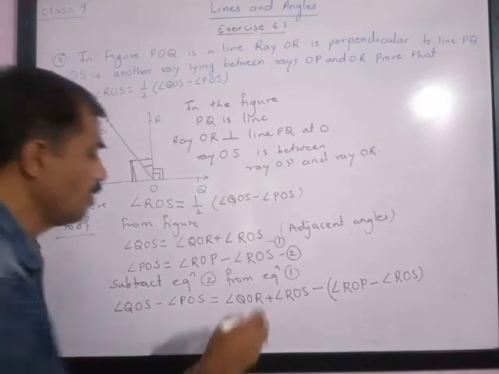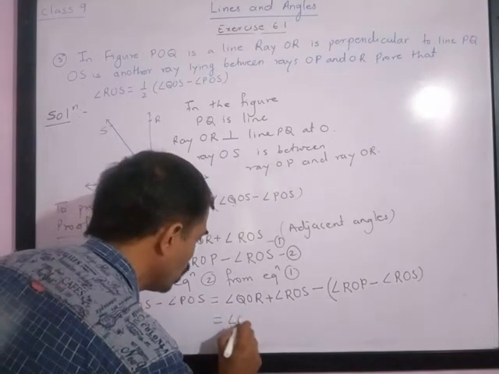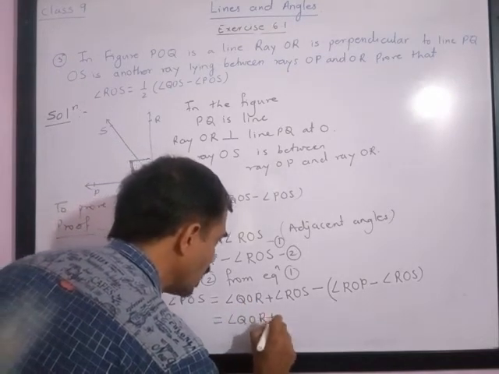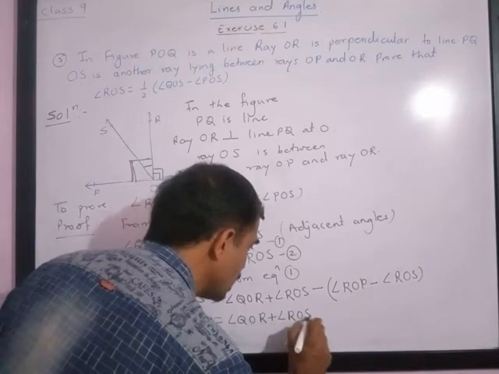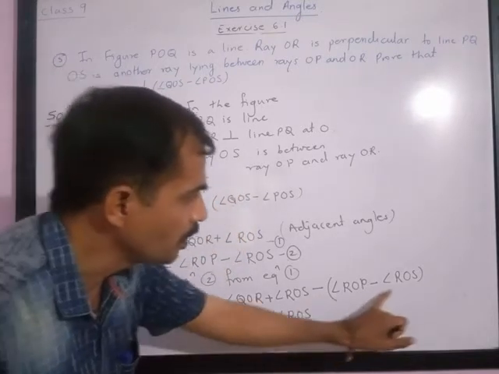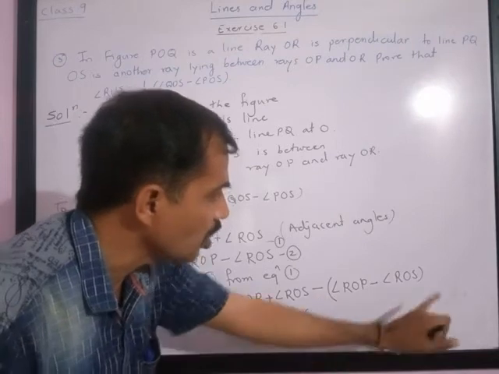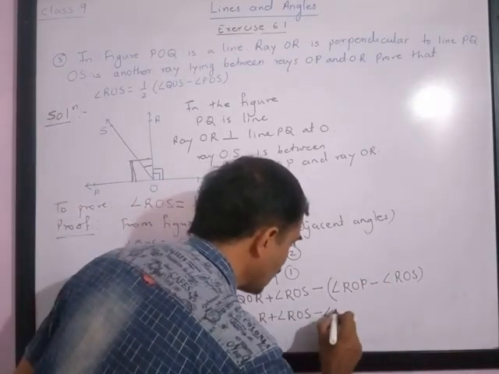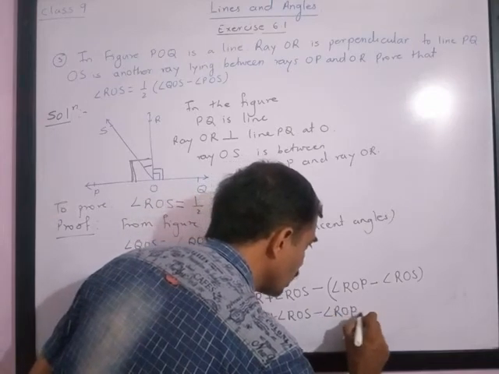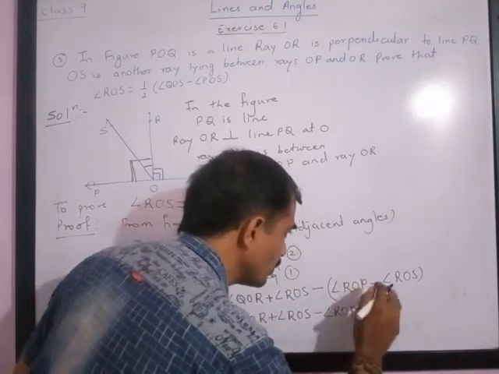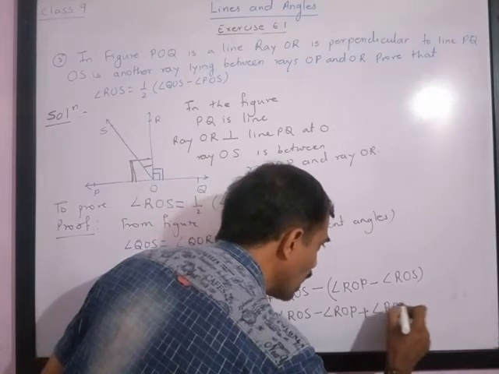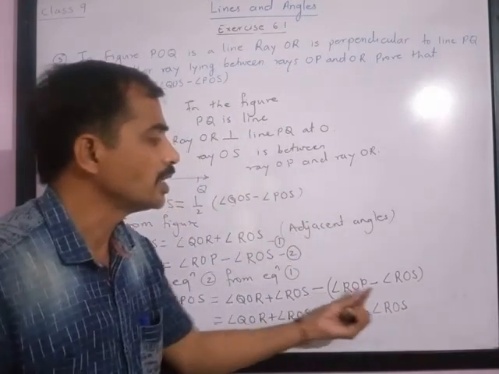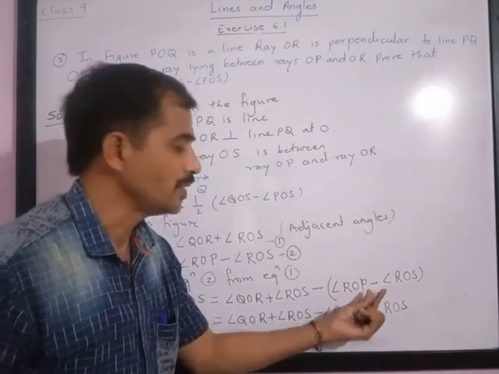So I will get angle QOR plus angle ROS. Please note this is subtraction. I am changing the signs of all the terms inside the bracket, so this will be minus angle ROP, and minus ROS will become plus angle ROS. When we are doing subtraction, we change the signs of all the terms inside the bracket.